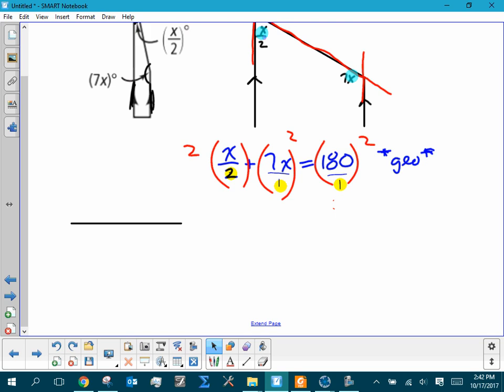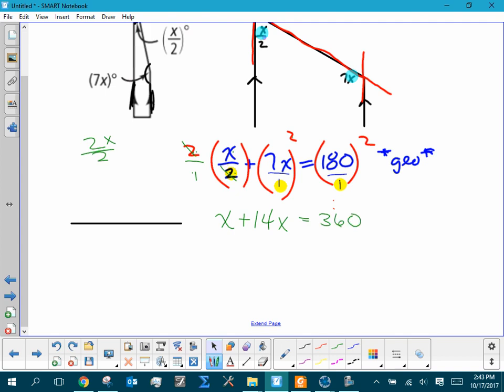But when I multiply that fraction, 2x over 2, well, 2x over 2 is going to turn into what? Just x. So those cancel out. Gives me x. This is going to be 2 times 7x, which gives me 14x. And this is going to give me 2 times 180, which is 360.